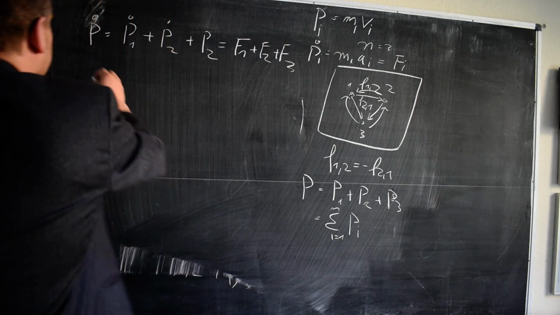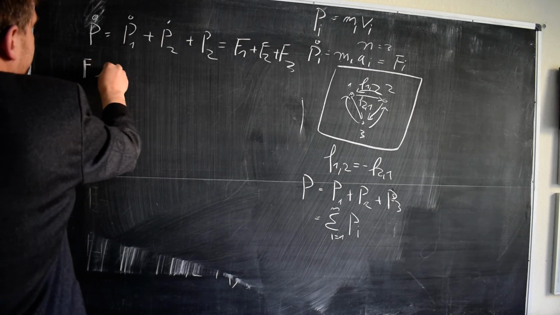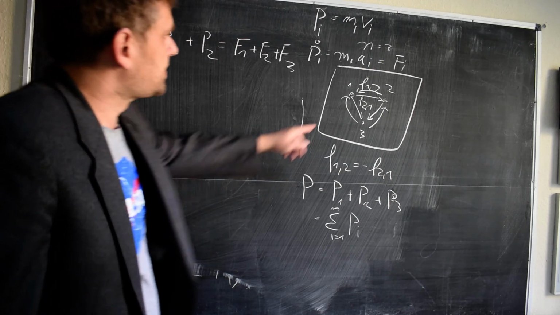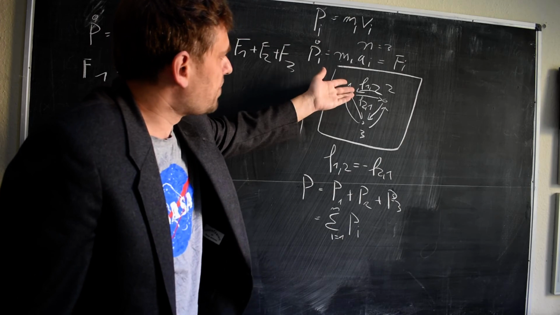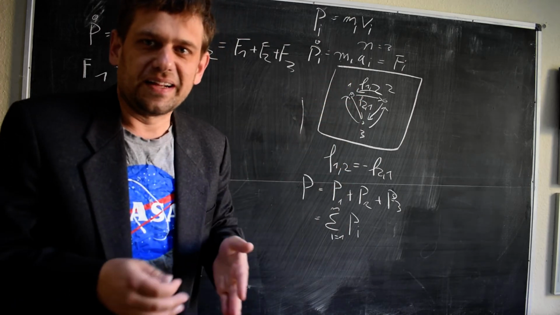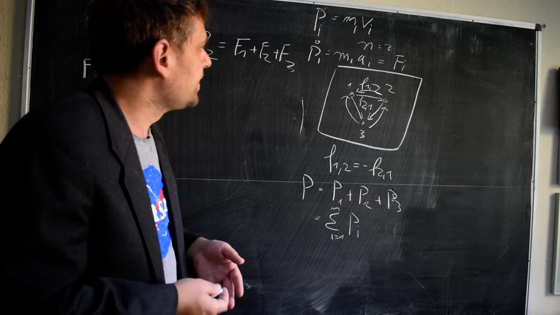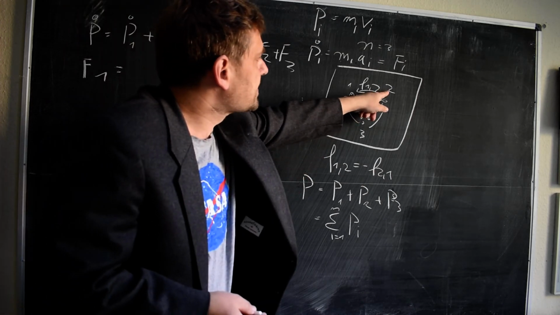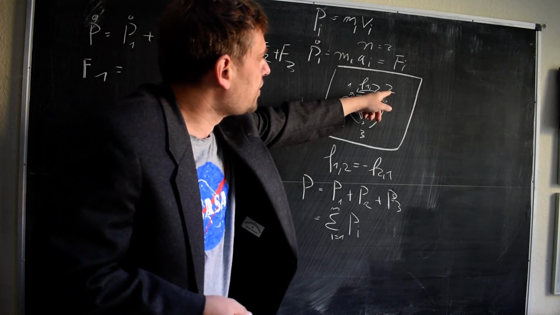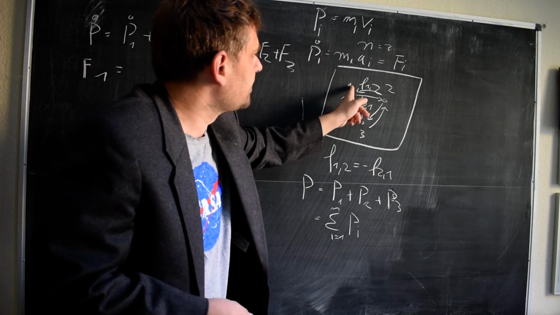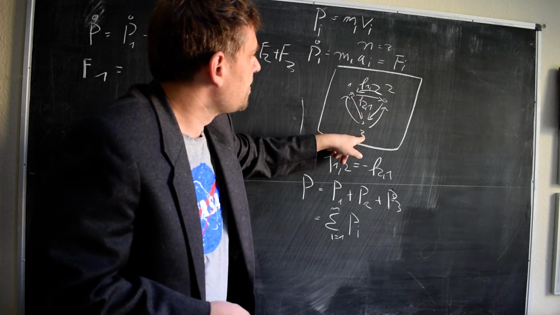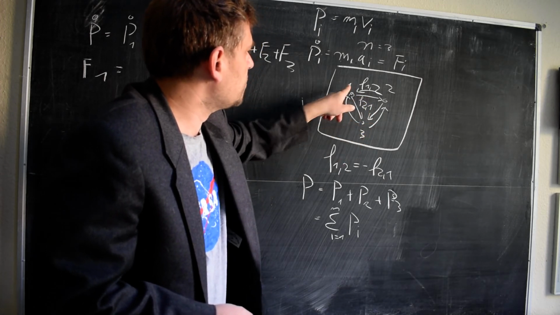So let's write this down. F1. Well, this is the force that the particle 1 exerts on itself, which is of course 0, plus the force that the particle 2 exerts on 1, plus the force exerted by 3 on 1.